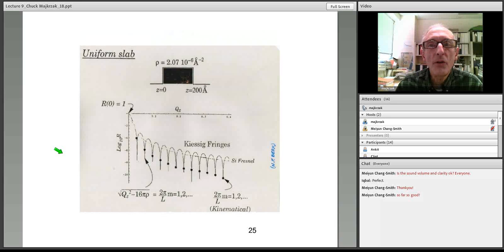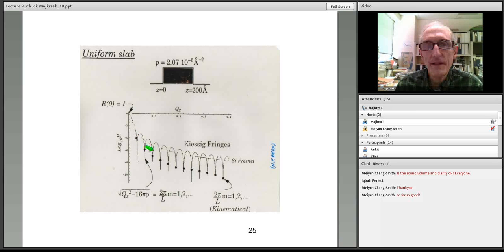Now, suppose we have a medium that has a beginning and an end, a front and a back. Then, well, the fact that we're scattering from this with a wave, we're going to get some interference of waves between waves scattered from, let's say, the front surface and the back surface, and there'll be destructive interference and constructive and so on in a periodic fashion, and these oscillations that are observed in the reflectivity as a function of Q are the so-called Kiessig fringes.